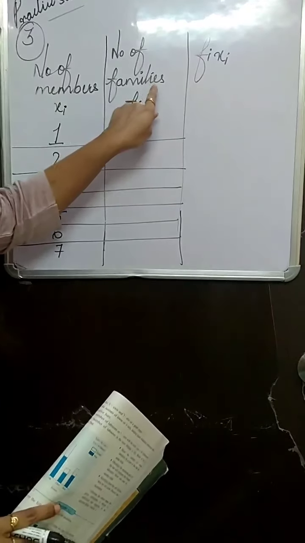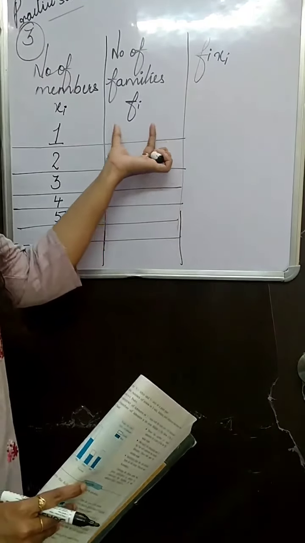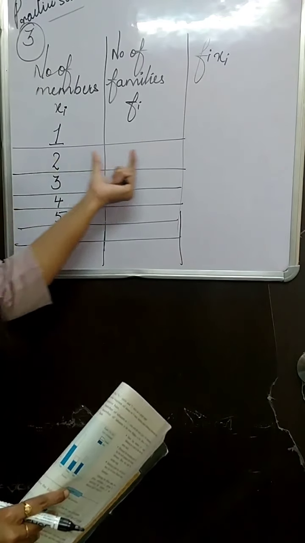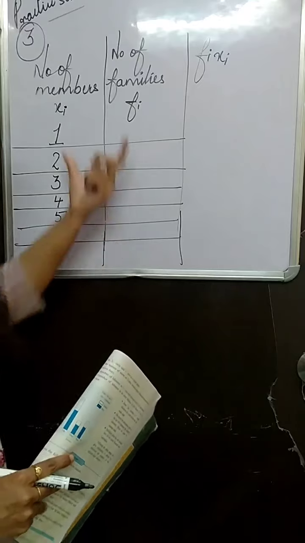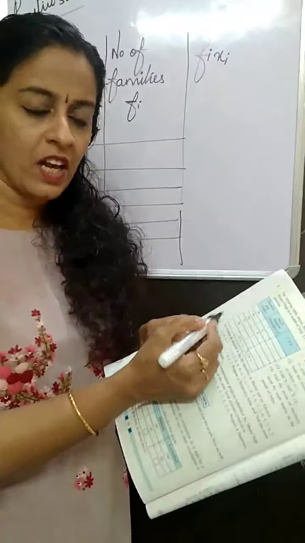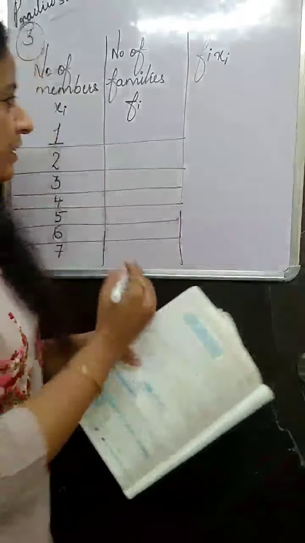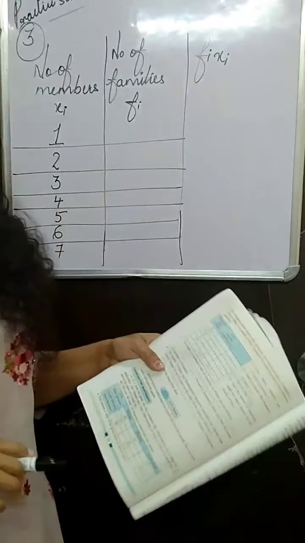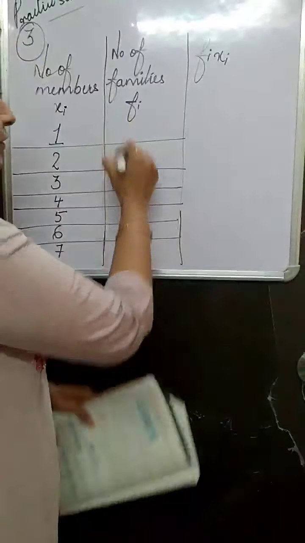So how many families are there where only 1 member was present? That we want. How many families have 2 members? That we want. How many families have 3 members? That we want, and so on. As you take each digit, strike it off with your pencil in your textbook and denote it here with tally marks.